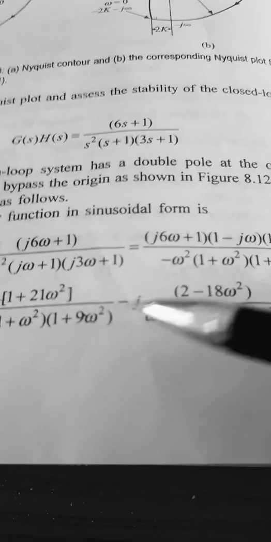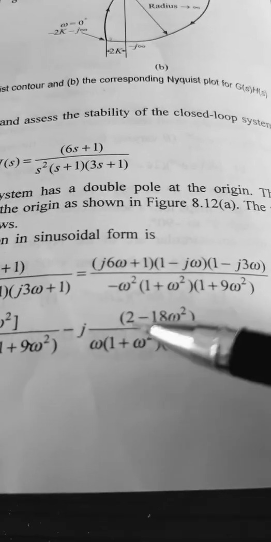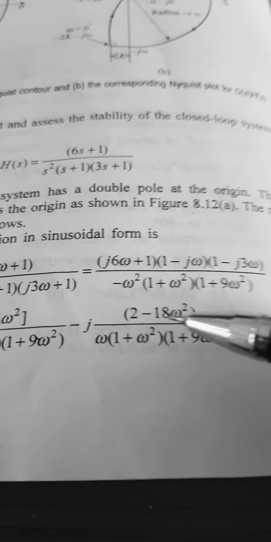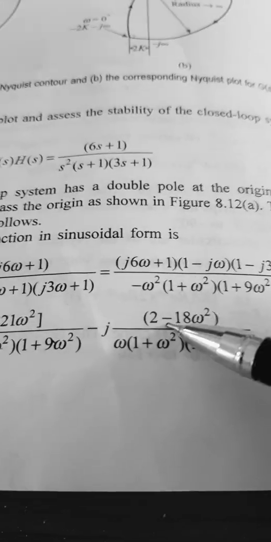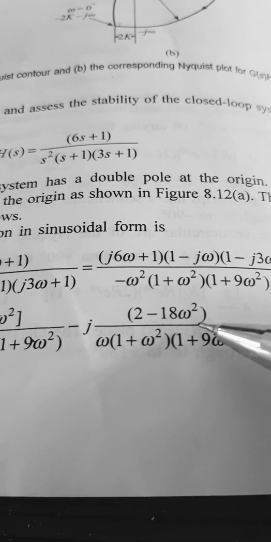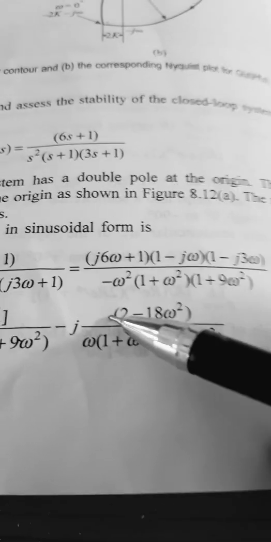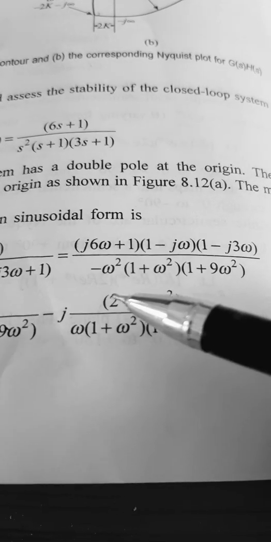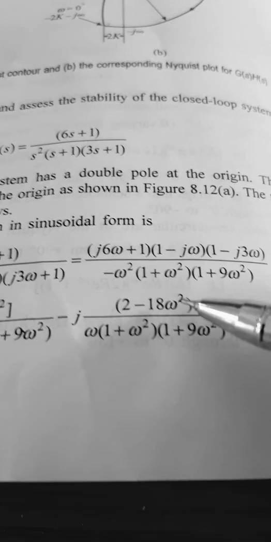What about the next step? Minus j as it is, you take 2 minus 18 omega square. Omega is infinity, so it will become minus 18 infinity square plus 2.